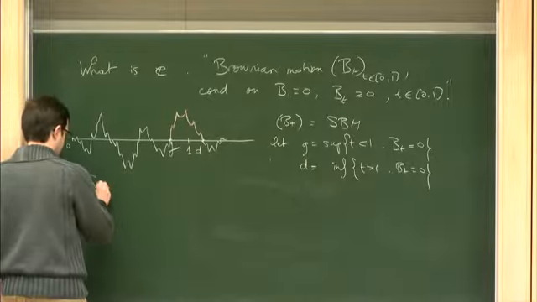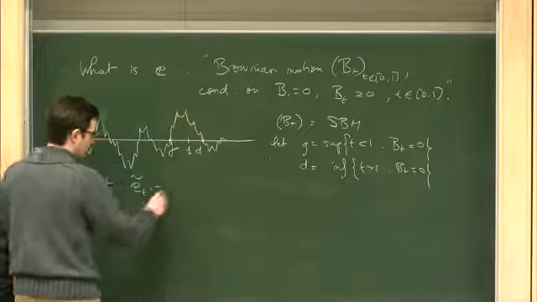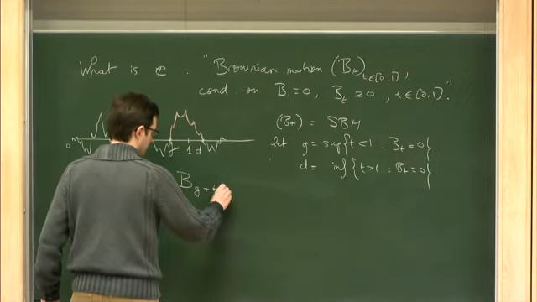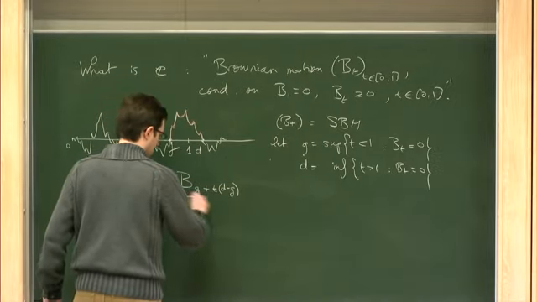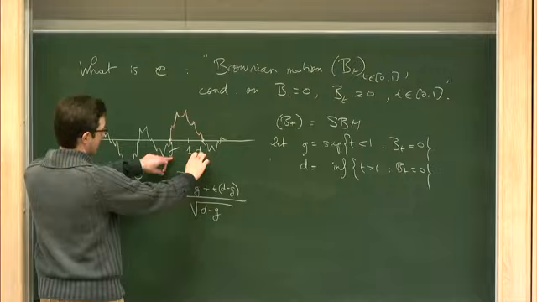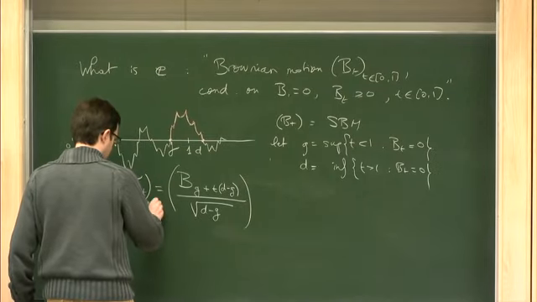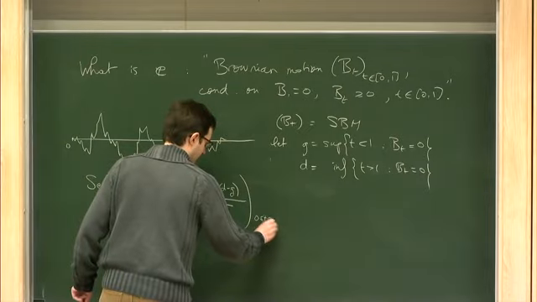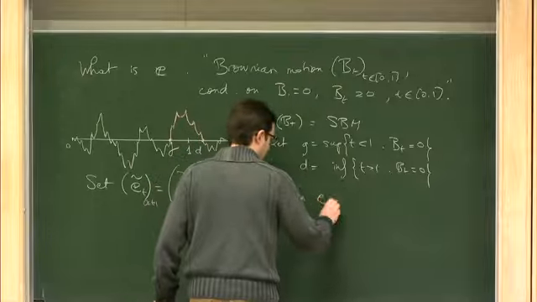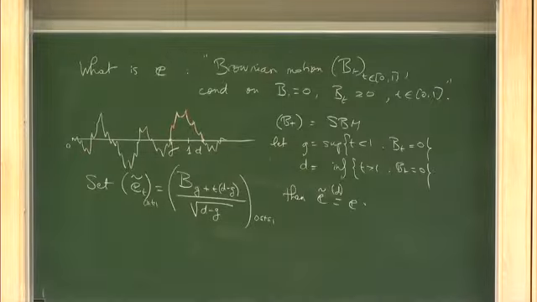So let's say, set E tilde t to be equal to B at time G plus t times (D minus G), divided by the square root of the length of this interval, and that's defined for 0 less than t less than 1. Then E tilde is distributed as the normalized Brownian excursion.